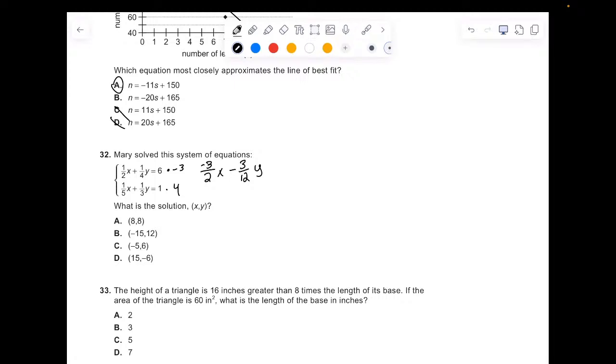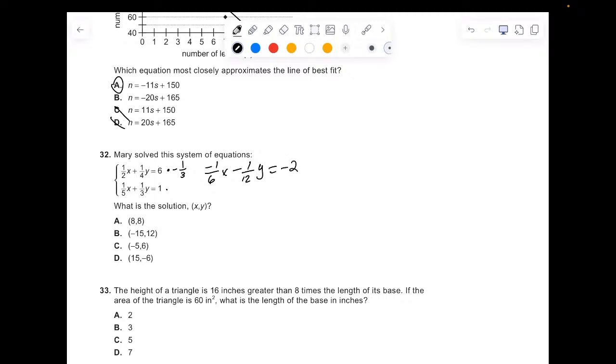What? We're going to multiply by negative 1 over 3. So negative 1 over 6x minus 1 over 12y is equal to negative 2.